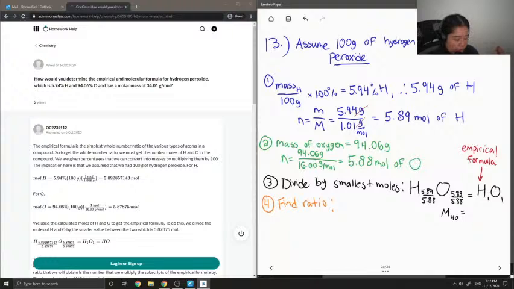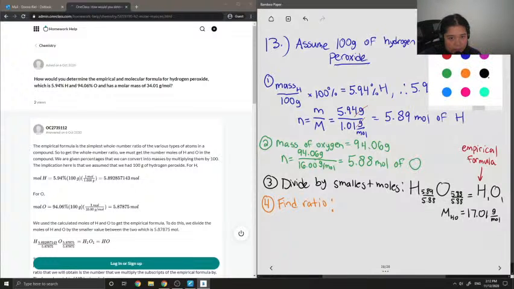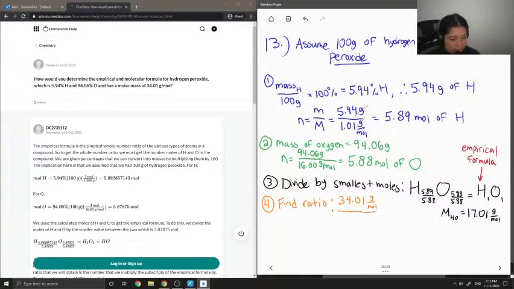Molar mass of HO is just 17.01 grams per mole. So this was adding up the 16 and 1.01. So to find the ratio of the masses, if we know that the molar mass of hydrogen peroxide is 34.01 grams per mole, and the formula weight of H1O1 is the 17.01, the ratio is around 1.99, or we can just say that it is 2.